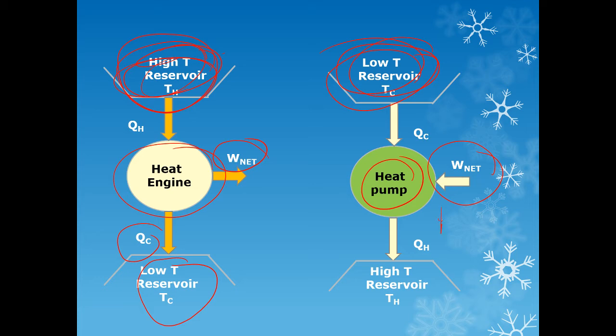It requires a work, and then it dumps the heat to a high temperature reservoir. So yung heat engine is a work producing process, while the refrigeration or the heat pump is a work requiring device.